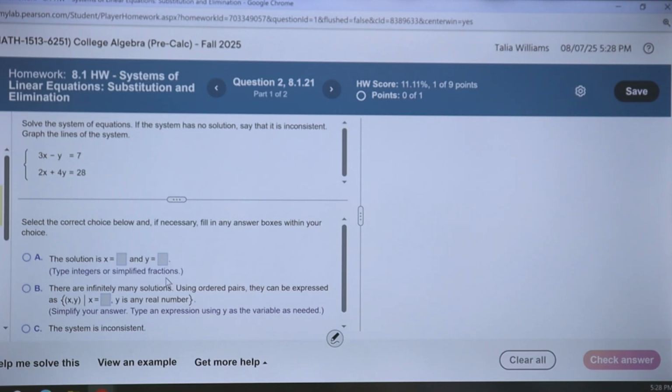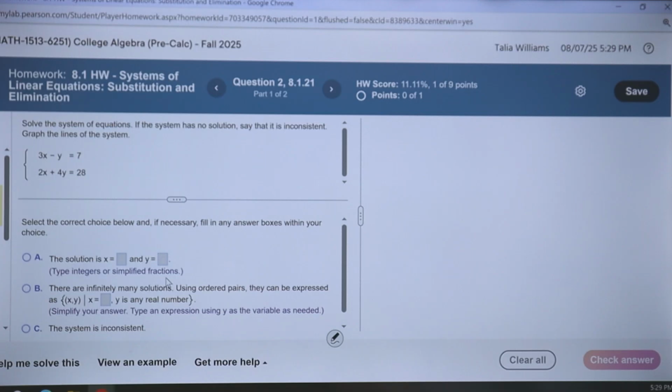Oh, solve the systems of equations. If the system has no solutions, say that it is inconsistent. Graph the lines of the system. So looking at this one right away, it doesn't have two that are the same value if I was to eliminate. I can use elimination still.